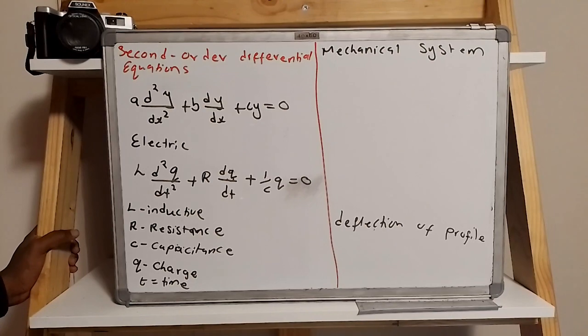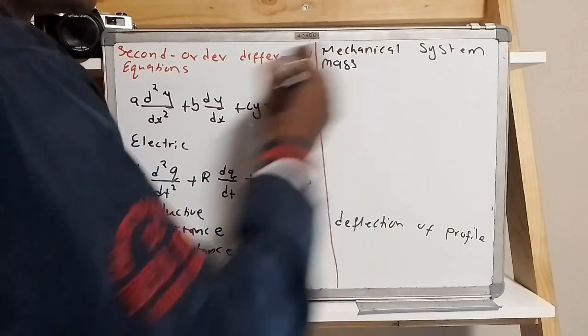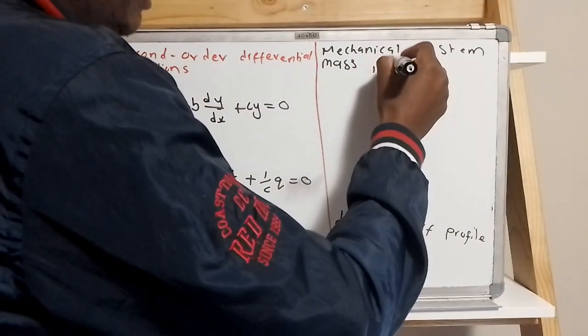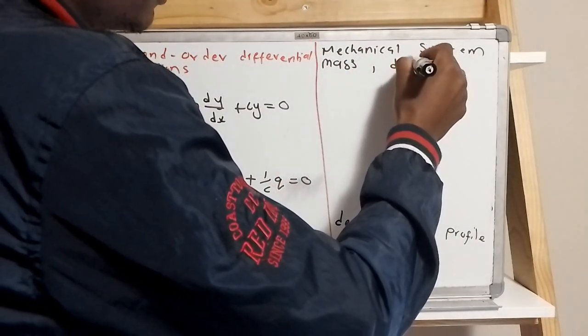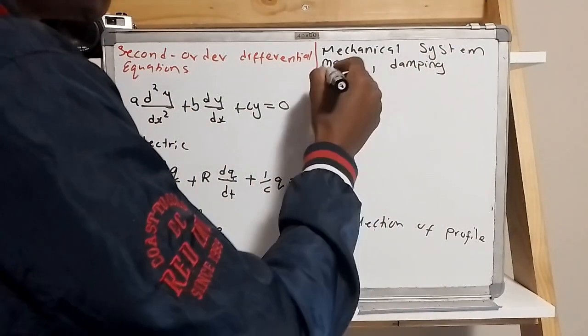So mechanical systems. We come to mechanical systems. In mechanical systems, you'll be hearing more often 3 words. The first one is the mass, the second one is the damping, and the third one is what you call spring.